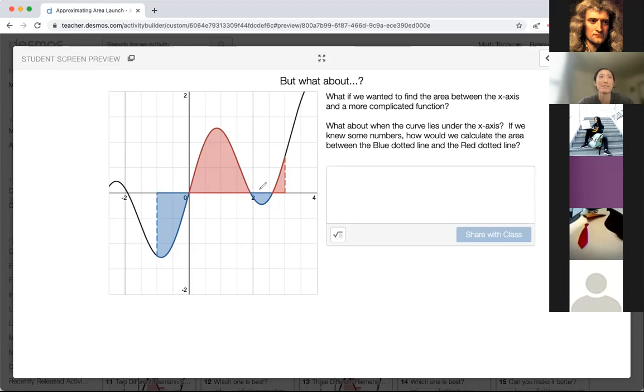Now, what about if we said we wanted to find the area of this one and this one? How would we represent that? Maybe in terms of colors. Would we say red plus blue, red minus blue? What would we be thinking? Yeah, red plus blue. And so what did we say?